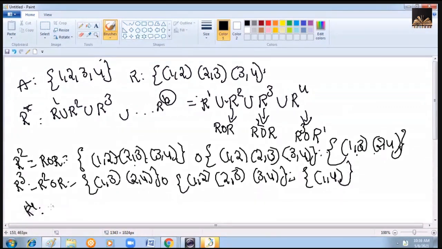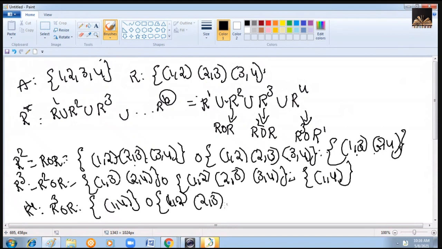Similarly, R power 4 is equal to R power 3 of R. Here we have (1, 4) of R, but there is no pair in R which starts with 4. So the result is an empty relation, nothing.